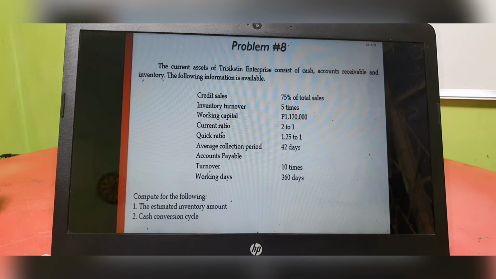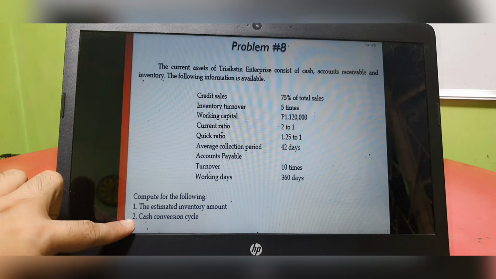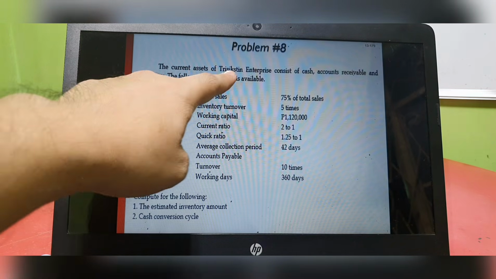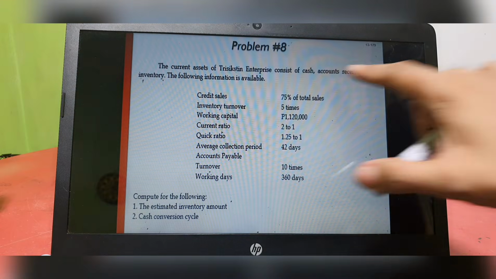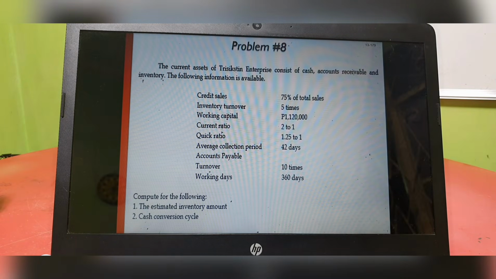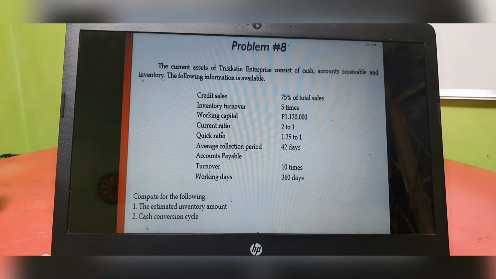Problem number 8. So we have to compute for the following: the estimated inventory amount and then your cash conversion cycle. So given na the current assets of 316 Enterprise consists of cash, AR, and inventory only. So, walang prepayments yung current assets natin. So, here are the other information. So, inventory amount ang tinatanong.